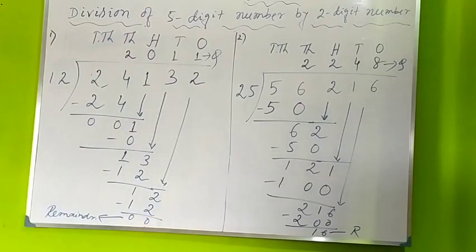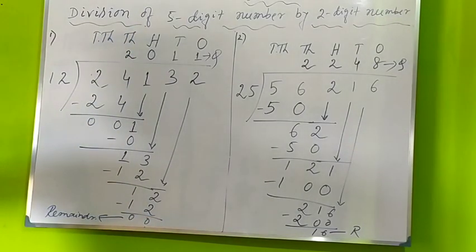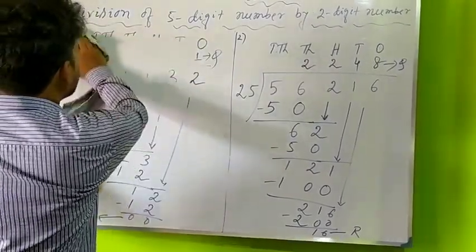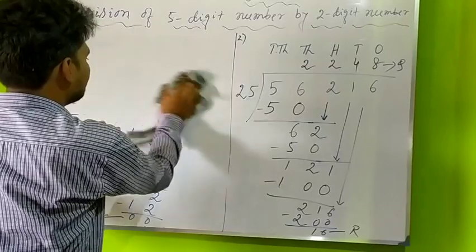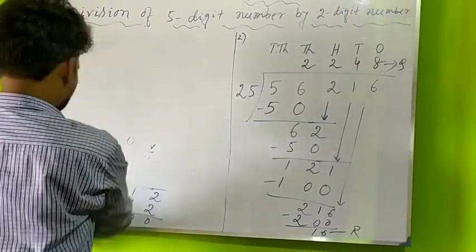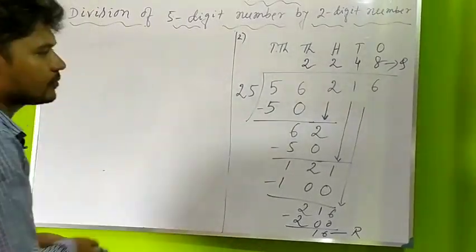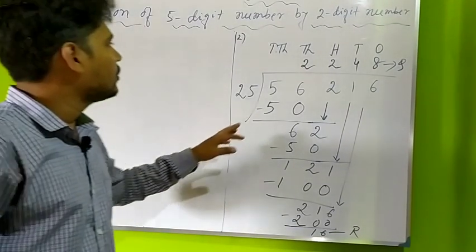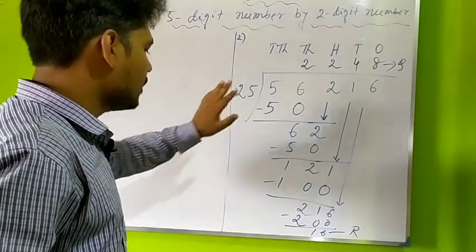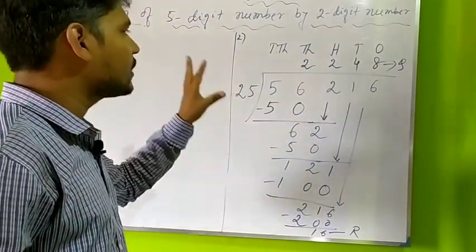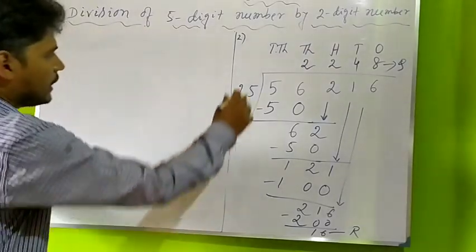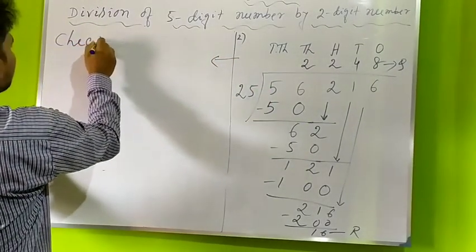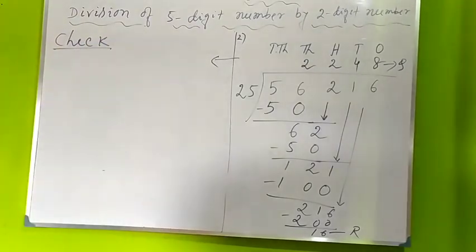So at first, I take one example of a 4-digit number. Just take this example. So this division is completed. Now we check whether this division is correct or not. So at first you write down the heading Check.